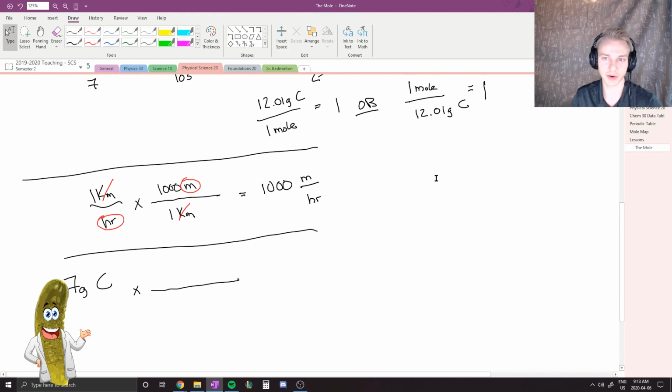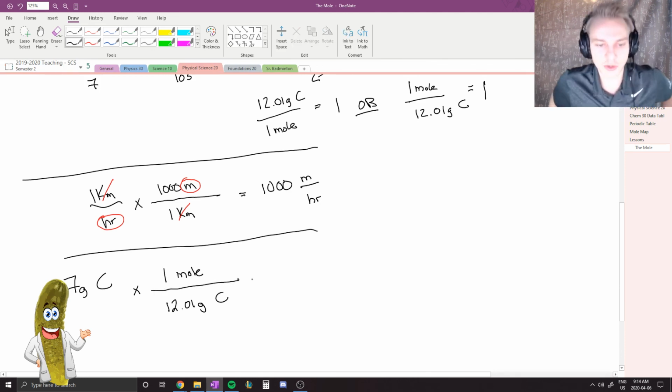The ideal scenario is to take this second option, because what that will allow us to do is have a gram on top of our multiplication problem and also a gram on the bottom. So exactly similar to this kilometers per hour example. So we want to write 12.01 grams of carbon on the bottom is equal to 1 mole.